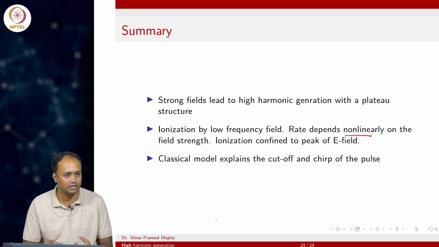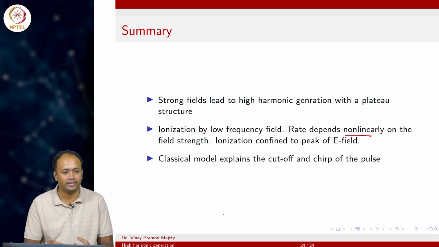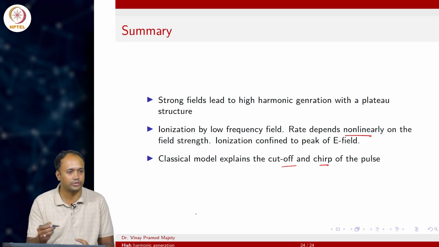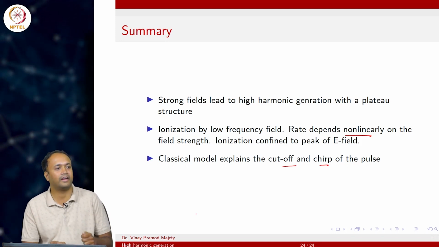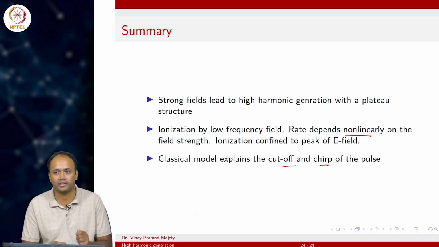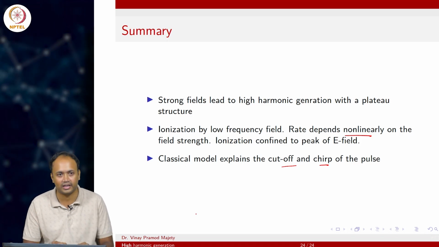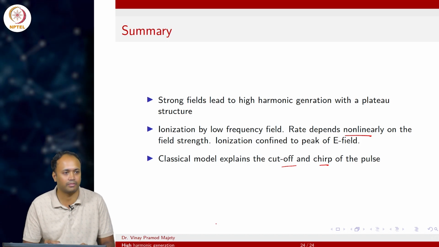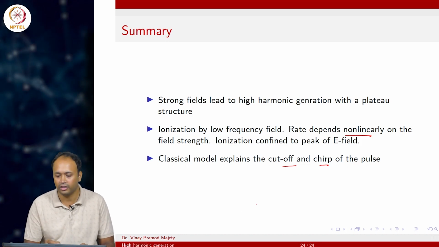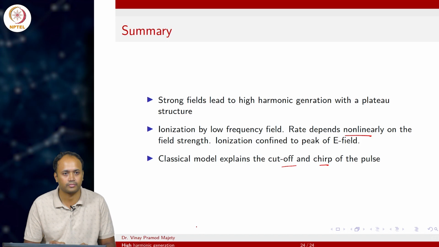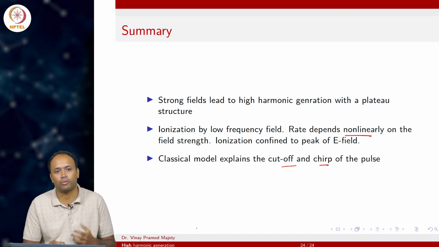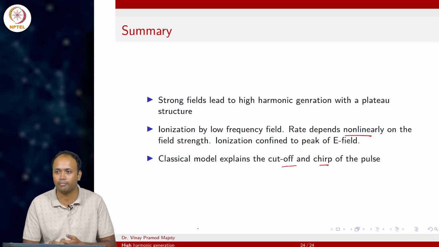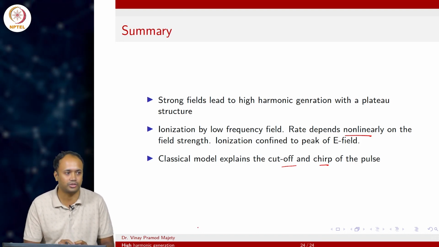That's where the nonlinearity comes in. Some of the important features like the cutoff and chirp of the pulse can be explained using this classical model, where you have an electron freed at a certain time t prime and then it recombines at a later time. By looking at the energy that this electron picks up during this classical trajectory, you can describe a few features. Whereas quantum mechanically, it's about a small wave packet that's getting ionized and then it can come back, and there are probabilities associated with each process.